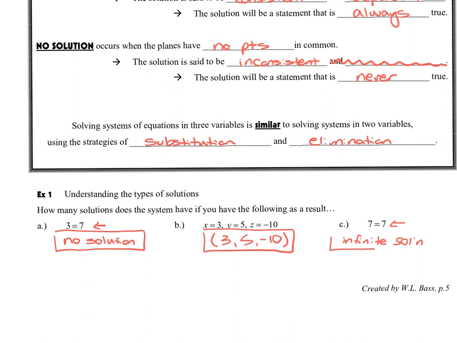Do not say all real numbers, because that's not what that means. We're describing how many points or what points they have in common. So the answer is infinite solutions. It is not all real numbers. And they also could ask you again, inconsistent or consistent, and you would say it's consistent because you can find a solution, but it is dependent because we will have an infinite number of solutions there.